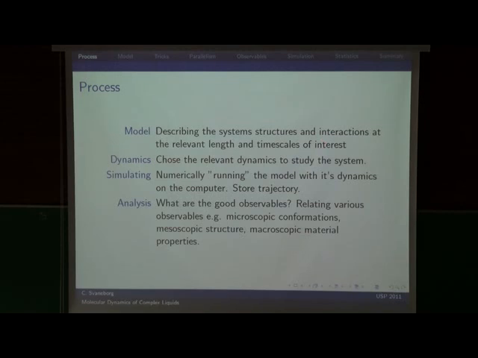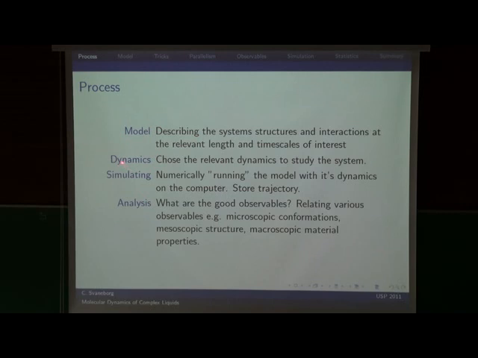If you're interested in quantum phenomena, you need to pick a model that contains all the electrons and the electronic degrees of freedom. If you're interested in material properties, you need to formulate a model that is much more coarse, where the relevant length and time scales are much bigger, so that we can study systems that are large enough to show material properties. So again, the model you make depends on the kind of science you want to do and the kind of results you're interested in.